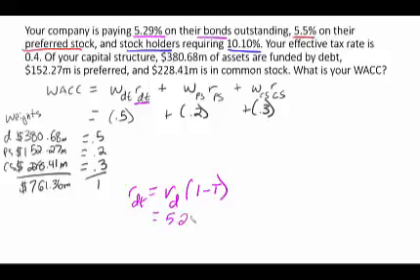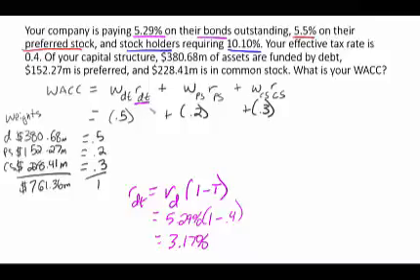So we're going to have our 5.29% multiplied by 1 minus 0.4, because we're paying 40% in taxes. So we have a total amount of 3.17% that we're actually paying on our debt.